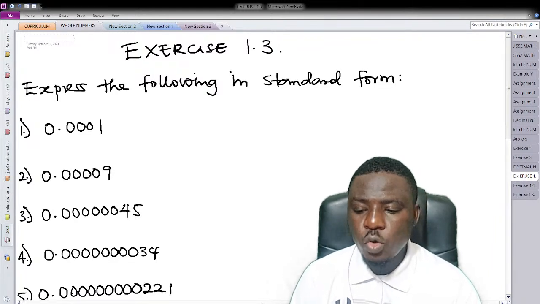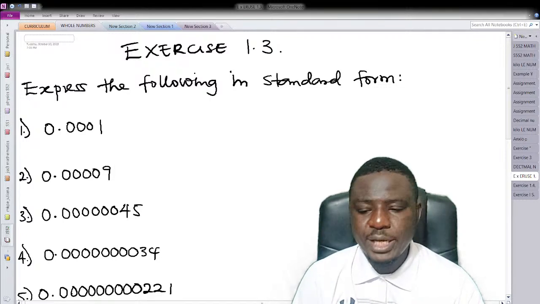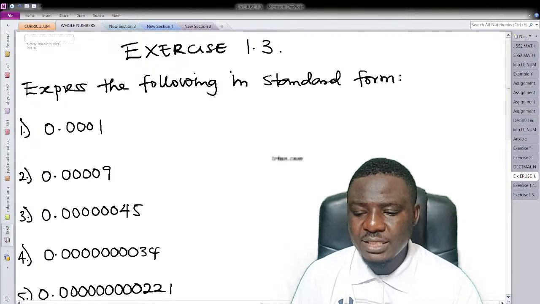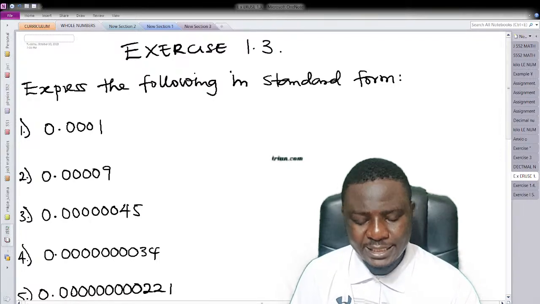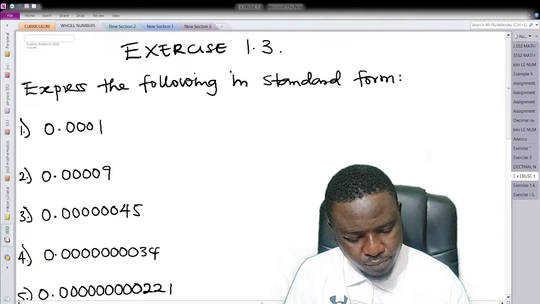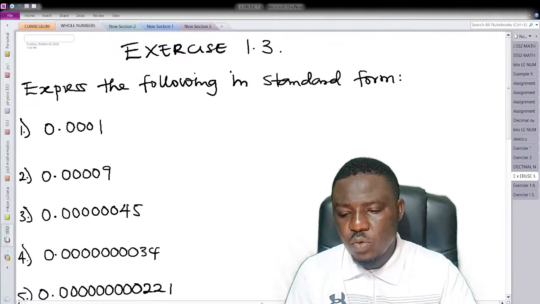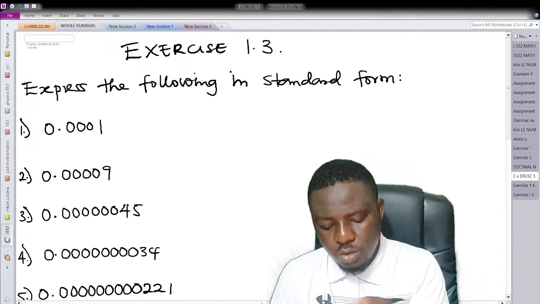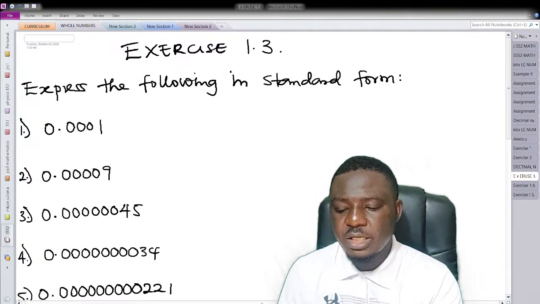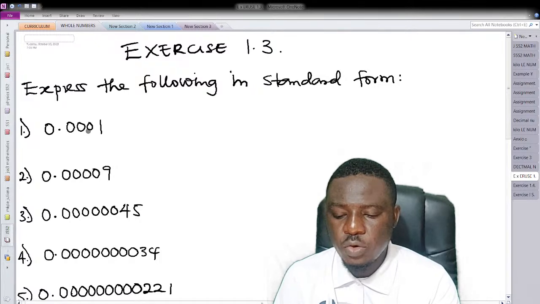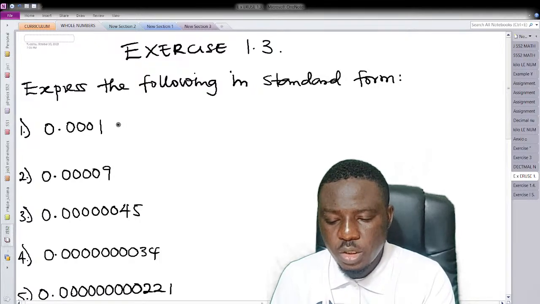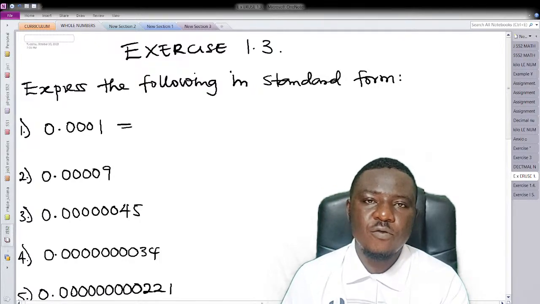Okay, so let's work this out together, Sarah. We have exercise 1.3 that we should express the following in standard form. The first question on that exercise is 0.001. So I will solve part of this.